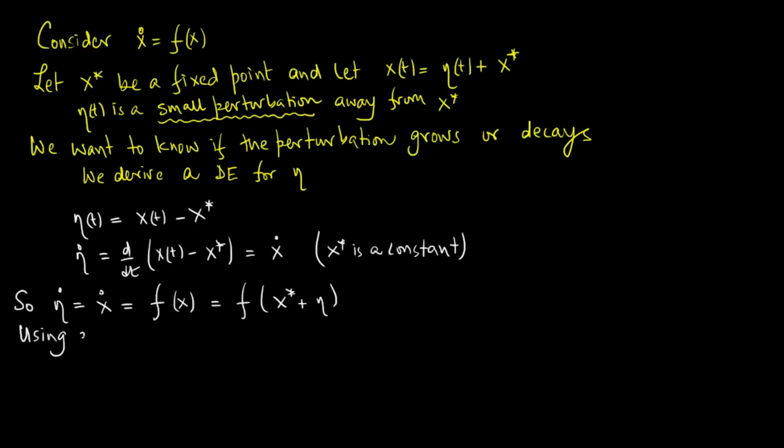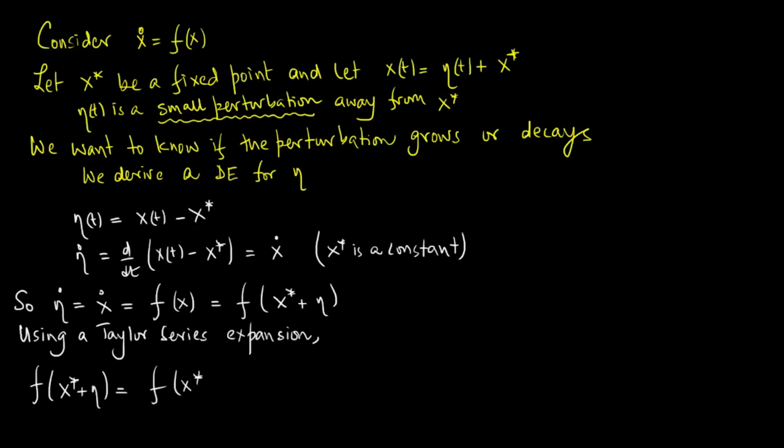And so now we go ahead and, using a Taylor series expansion, we get f of x star plus eta is equal to f of x star plus eta times f prime of x star plus terms which are order eta squared.